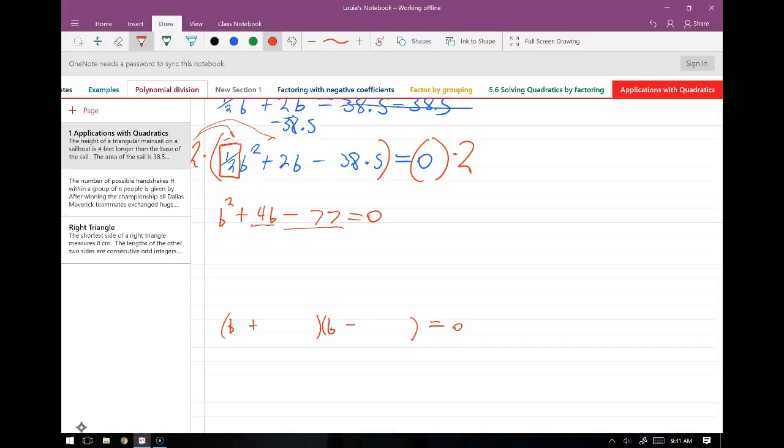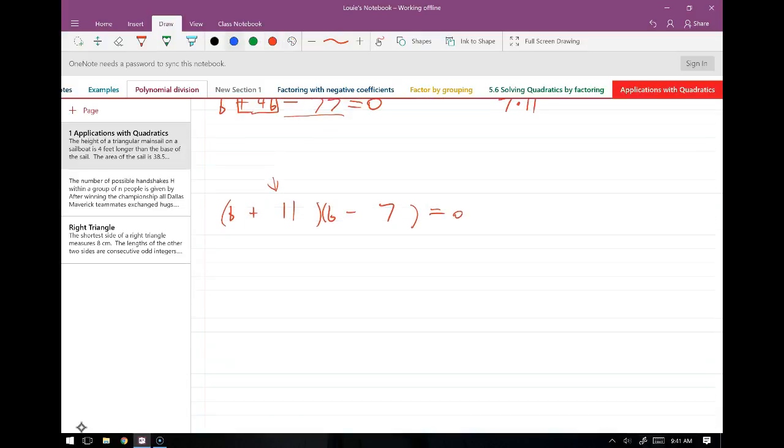We have a positive middle term, and that tells us that the larger number will go in the positive spot, right? And so what are the factors of 77? Well, there's 77 and 1, and 7 times 11, right? And so I'm pretty sure it's going to be 7 times 11. So 11 is the larger factor. We'll throw it in here on the positive side, right? So we have b plus 11 times b minus 7 equals 0.